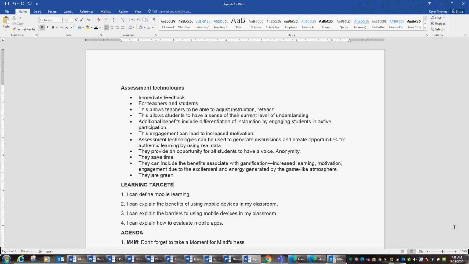All right, additional benefits. Assessment technologies can be used to generate discussions, create opportunities for authentic learning using real data. So I used to, every student in the state of Tennessee, when I taught in their junior year, wrote a persuasive paper. And one of the ways you can support your argument is obviously with data. And you could use this in the classroom to generate data.